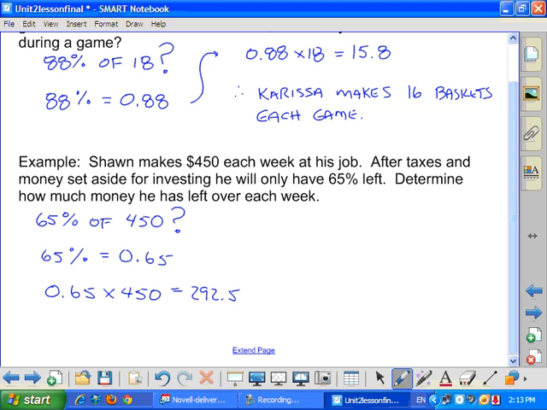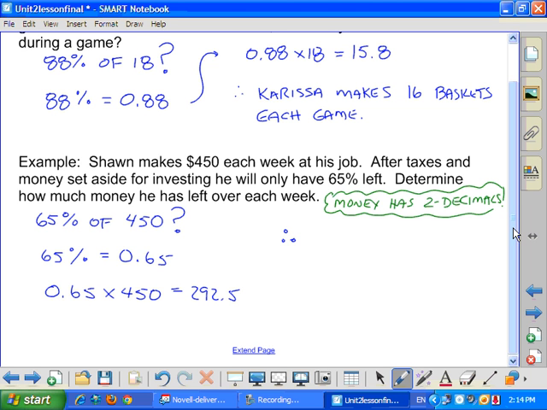We have to remember what we are reporting here. We're talking about money. How many decimal places does money have? Money has 2 decimal places. So when we record our answer here, even if there isn't a second decimal, you still have to record 2 decimals.